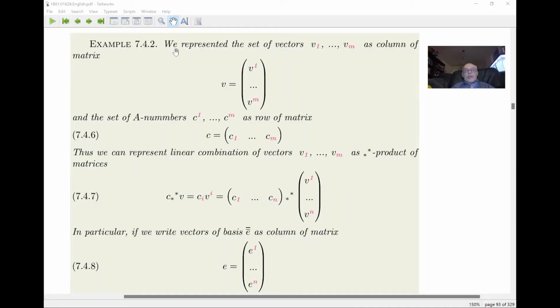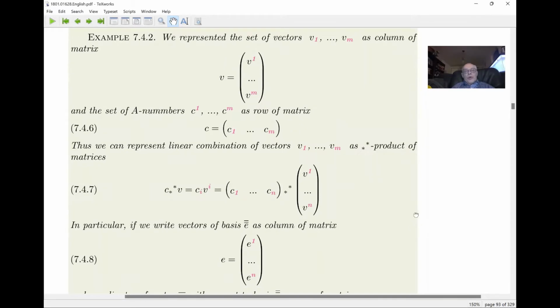We considered the set of coordinates of vectors as column matrix. In the same way, we can consider the set of vectors as column matrix. We represent a set of vectors v1, ..., vm as column of matrix V, and the set of A numbers c1, ..., cm as row of matrix C. Thus, we can represent linear combination of vectors v1, ..., vm as RC product of matrices 4.7.